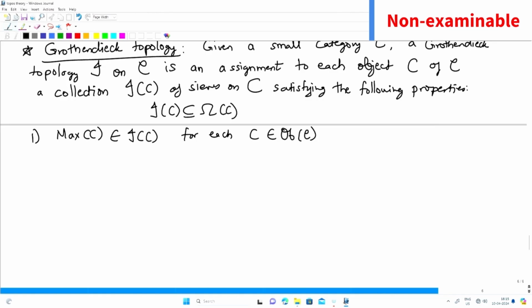Then you can eventually prove from this definition. The definition looks abstract, but you can eventually prove that if there are two open covers, then their intersection is also an open cover, and so on and so forth. If you are given any open cover, then its superset will also be an open cover. So it's also like the definition of a filter. In an appropriate poset, it's a filter.